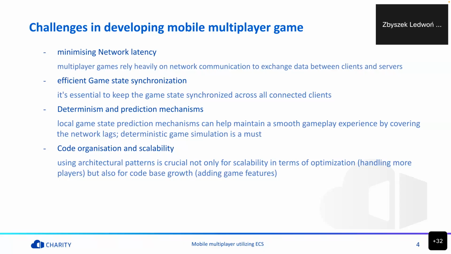That is why our game simulation needs to be fully deterministic. It's not easy to achieve that, but it is important to allow for local prediction of the game simulation. Because if the simulation is deterministic and prediction works well on the player's device, players are not even able to notice any network lags.